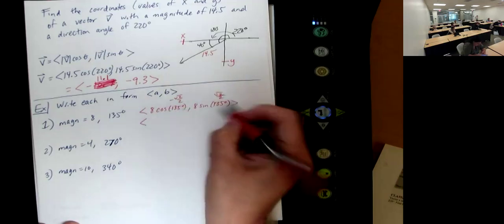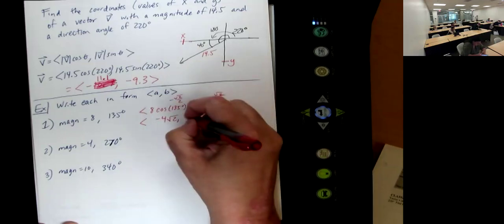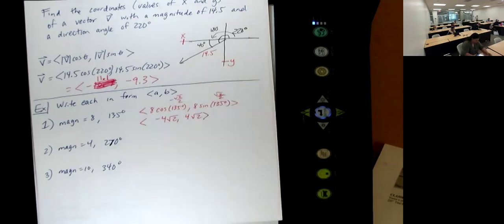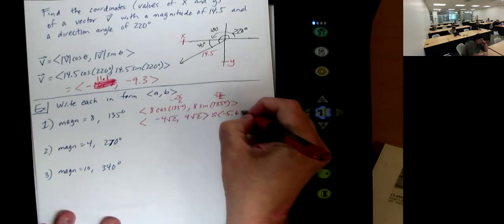So the simplest form of this is gonna be (-4√2, 4√2). That's the exact form, and if we want an approximation, it's about -5.66.